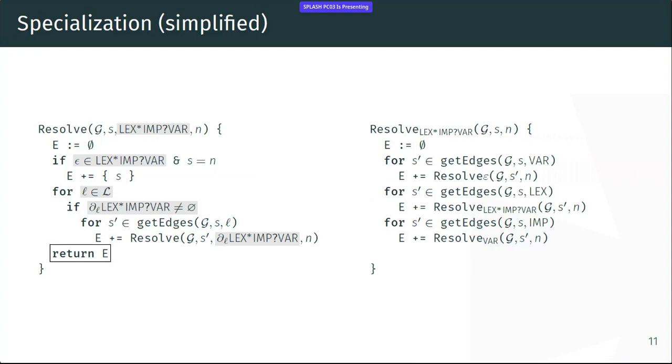So we go over that, copy our return statement, and we have our specialized version for this more complicated regular expression. And please observe that in this version of the algorithm, there are no derivatives anymore. We have statically pre-computed all those derivatives, so we removed this overhead from our type checker.